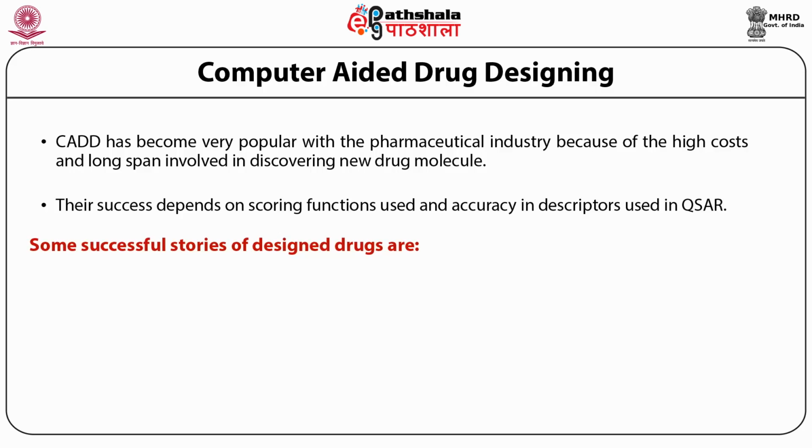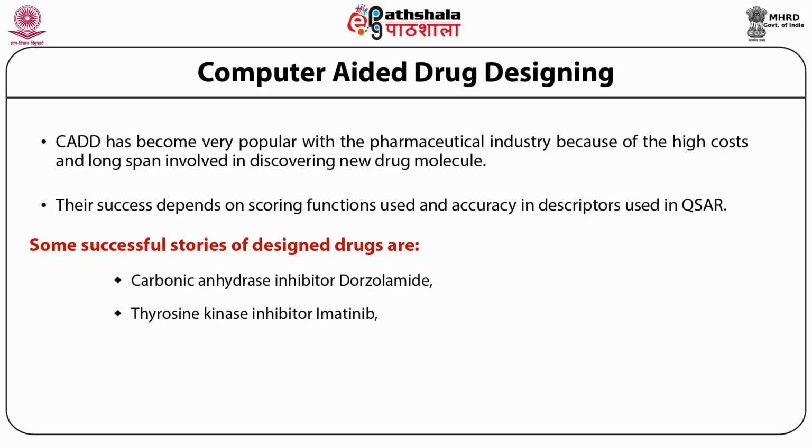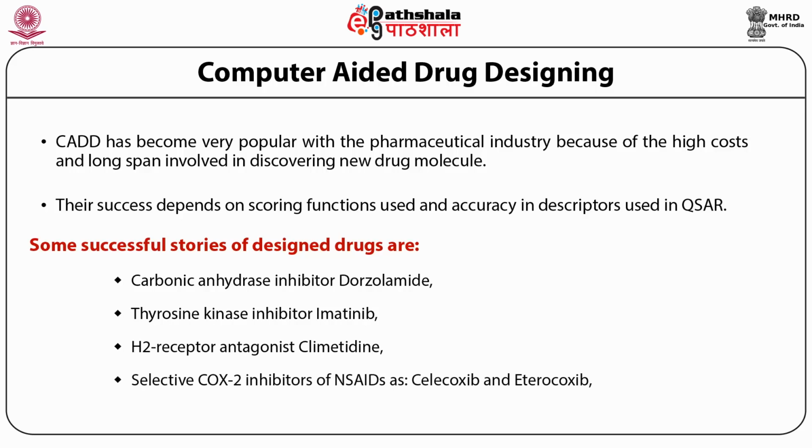There are many successful stories of designed drugs. For example, carbonic anhydrase inhibitor dorzolamide, tyrosine kinase inhibitor imatinib, H2 receptor antagonist cimetidine, selective COX-2 inhibitors of the non-steroidal anti-inflammatory drug family, celecoxib, etoricoxib, HIV entry inhibitor enfuvirtide, and there are many others.